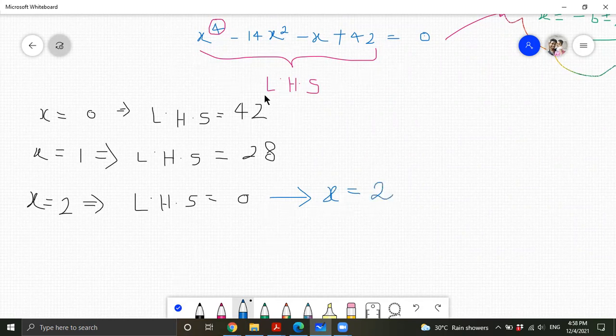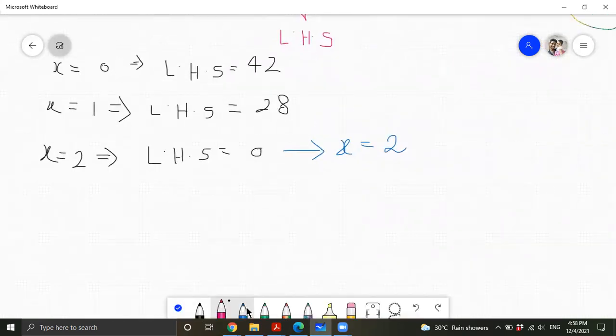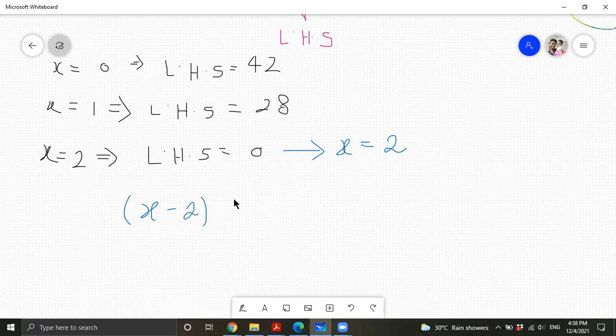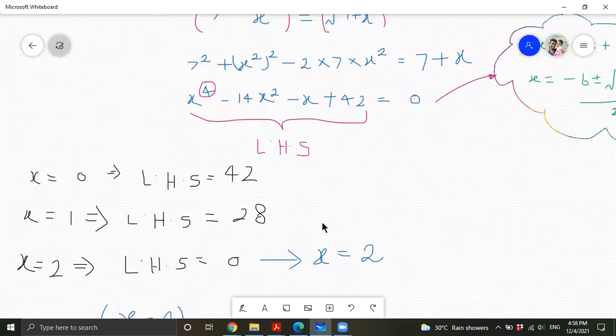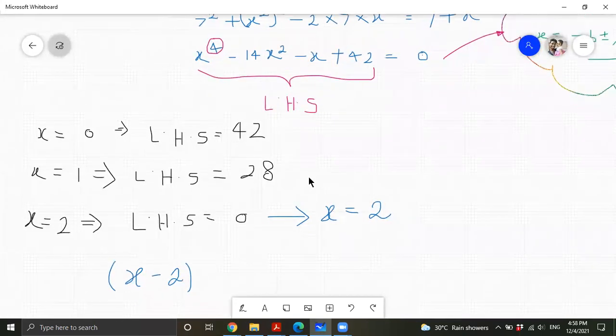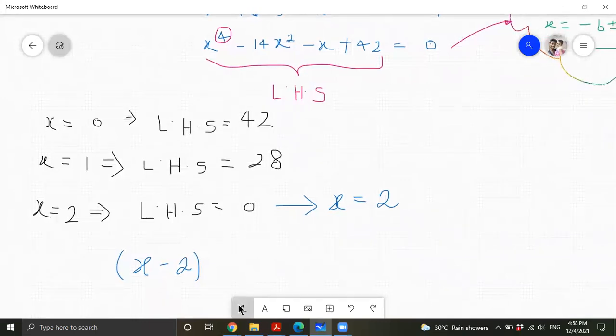Yeah, so we'll try to factorize this, right? If we factorize it, x minus 2 will be one factor. So using this x minus 2, we will find another factor such that it makes this function of this equation, right? So let me keep it like this.